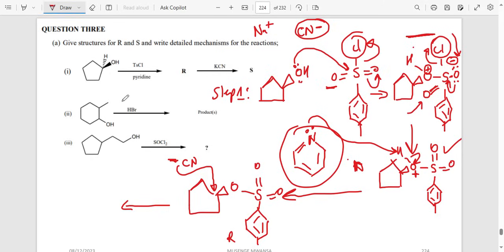Okay, for here it's specifically pyridine. Pyridine will always be the one to grab that hydrogen from this oxygen here. So cyanide is now coming in and it is going to attack where oxygen is bonded.